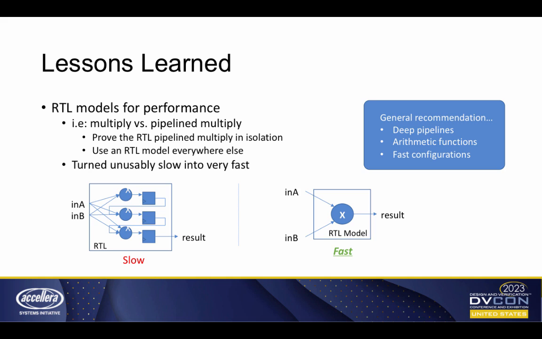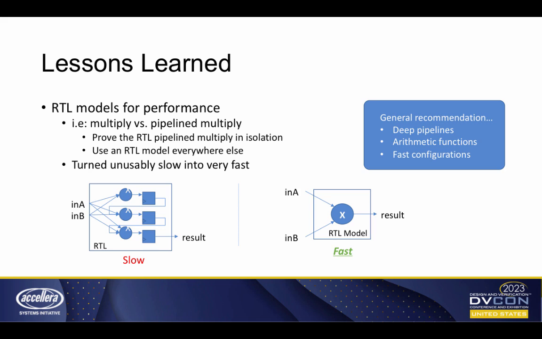So after some trial and error optimizations, I realized it was going to be better to sub out that pipeline multiply RTL function, and swap in a much simpler RTL model, which is basically just an in, result equals in A times in B. That was much, much easier for the formal tool to digest.